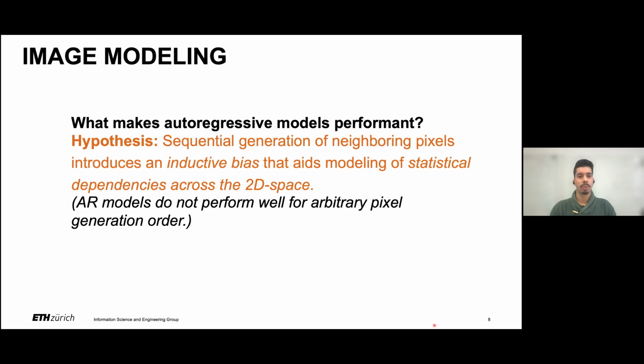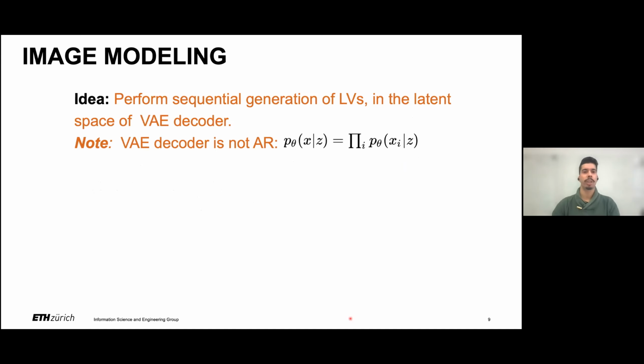So let's try to do the following. Let's try to perform sequential generation of the latent variables. So we look at the latent space of the variational autoencoder. Instead of using an autoregressive decoder, we'll try to generate the feature vectors one by one.